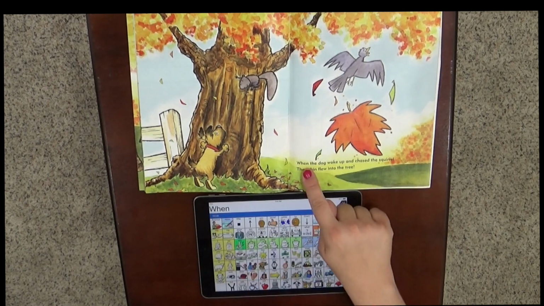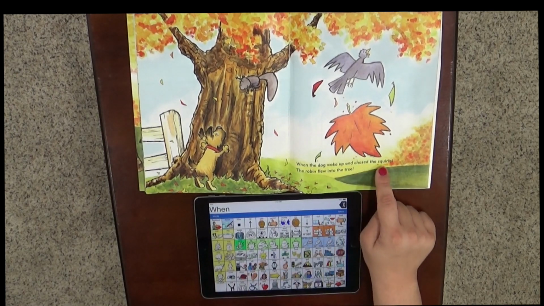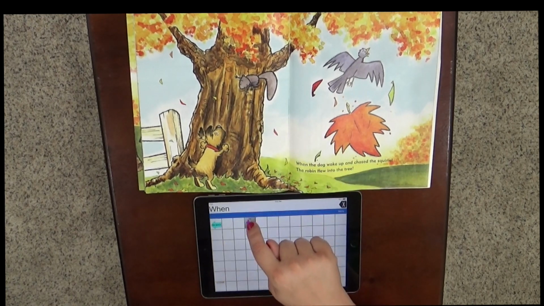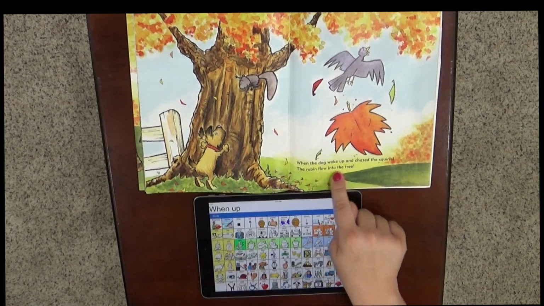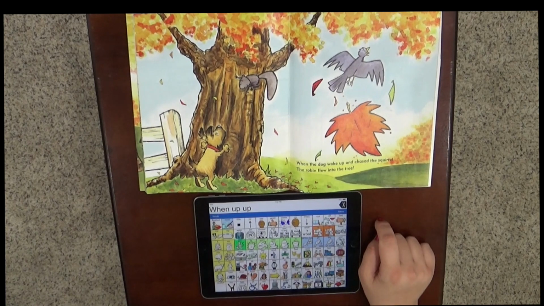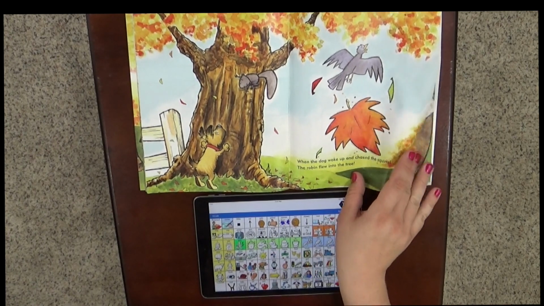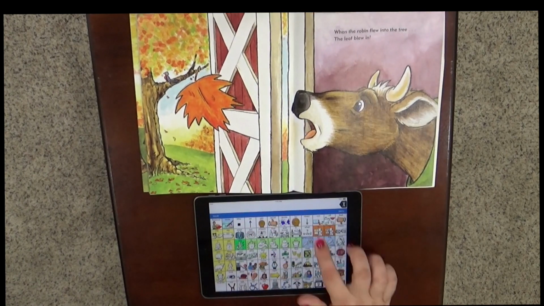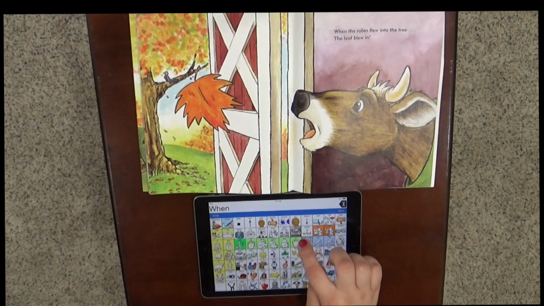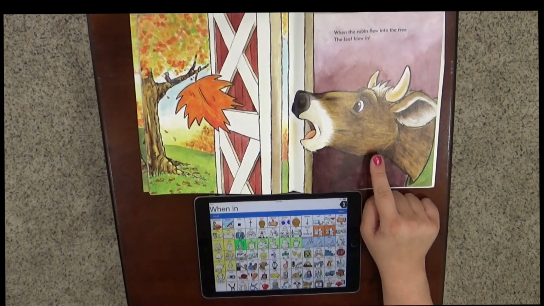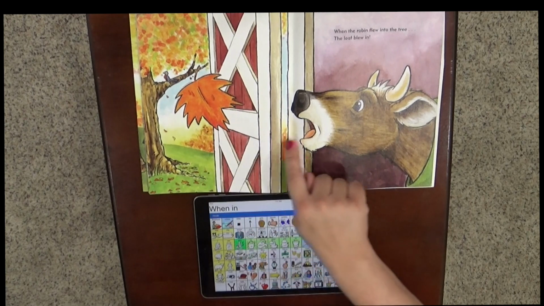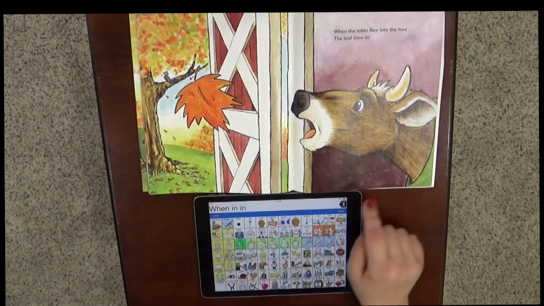When the dog woke up and chased the squirrel, and look, he chased him up a tree, the robin flew up into the tree. And when the robin flew into the tree, that's when the leaf blew in.